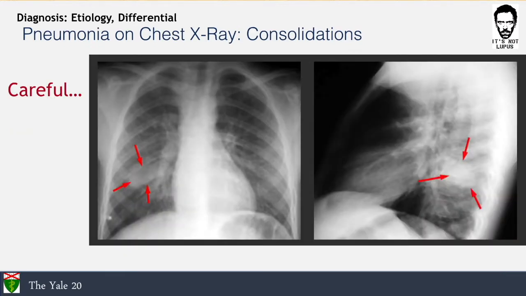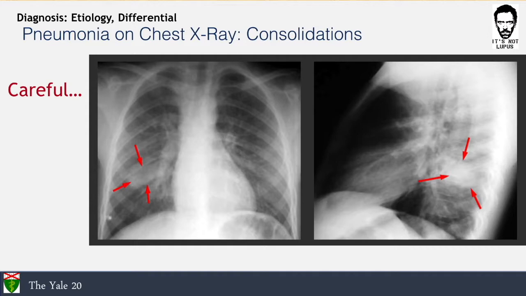All right, how about another? Be careful on this one. Okay, so what do we have here? There's this opacity that's in a location where some of the lobes overlap in the AP direction, right? Maybe middle lobe, maybe lower lobe.